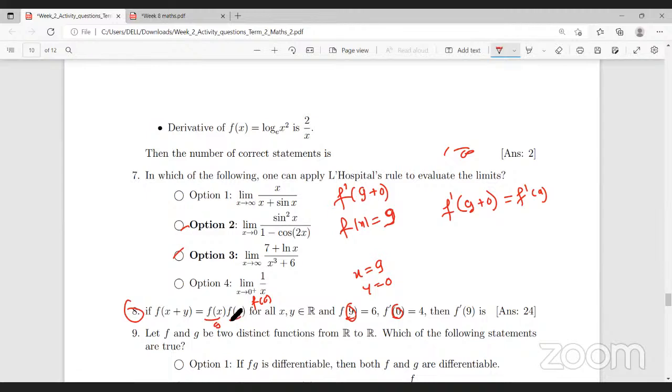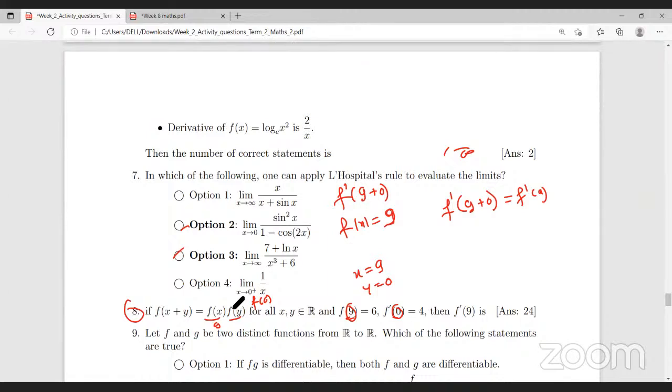So here, what will I get? We have to find out f dash of 9. So we will use that formula here. Or not? 24. Wait. You don't need to use the formula, right?